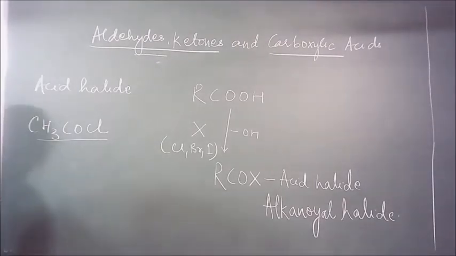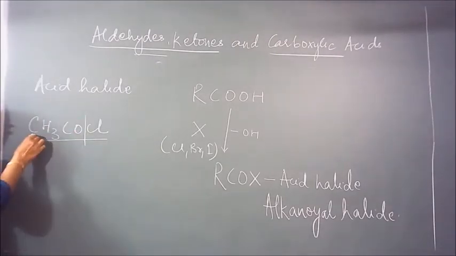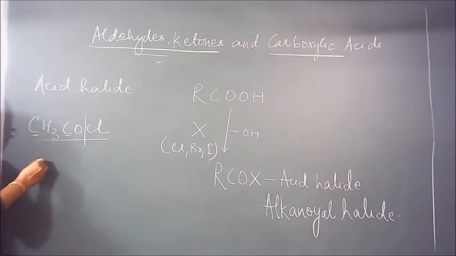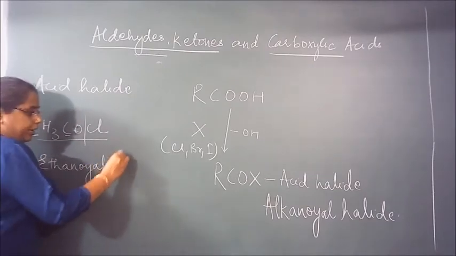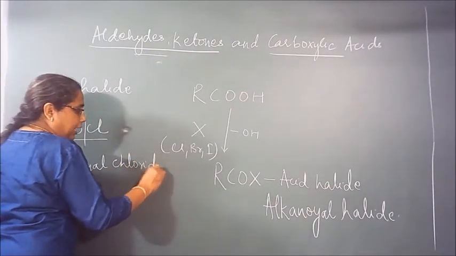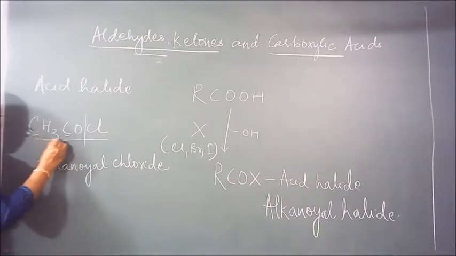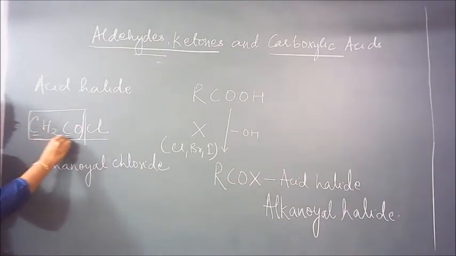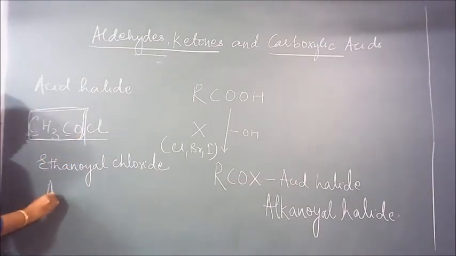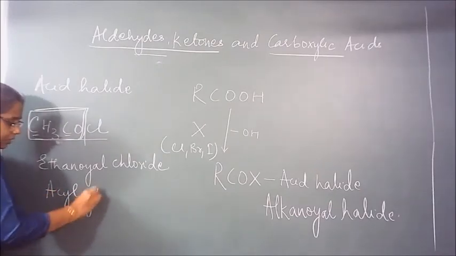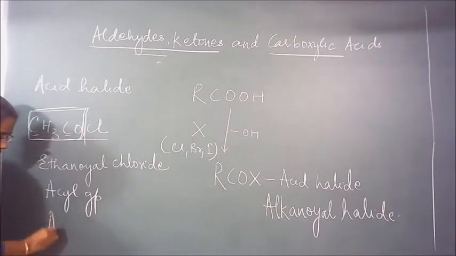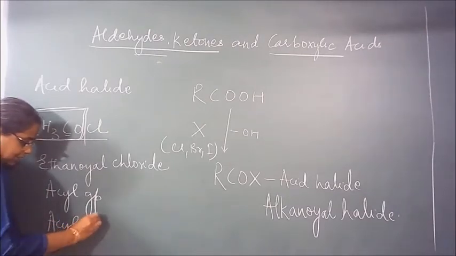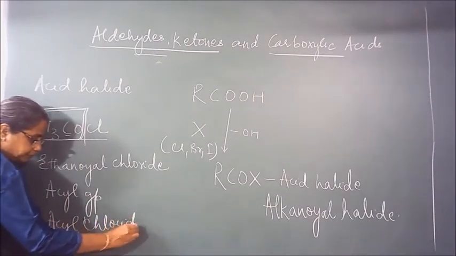If it is derived from ethanoic acid, how many carbon atoms does it have? 2 carbon atoms. So it is called ethanoyl chloride. Its common name is acyl chloride.